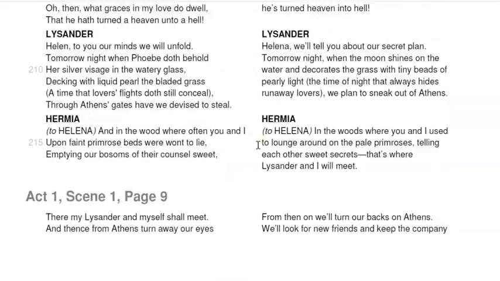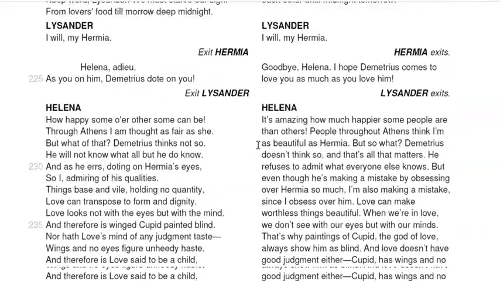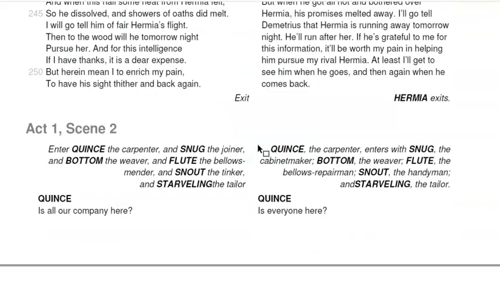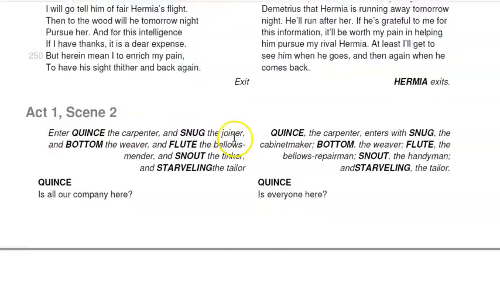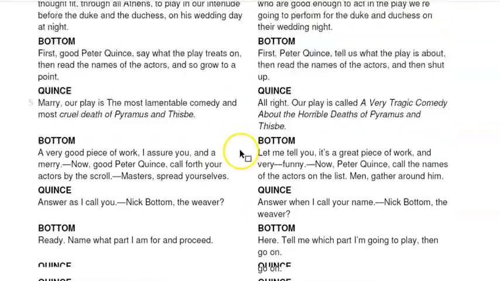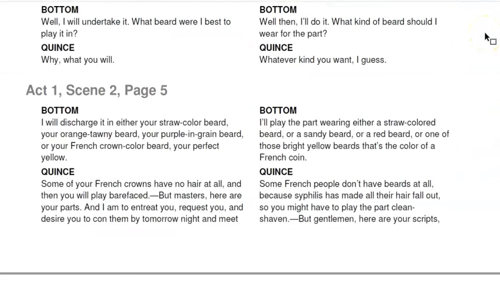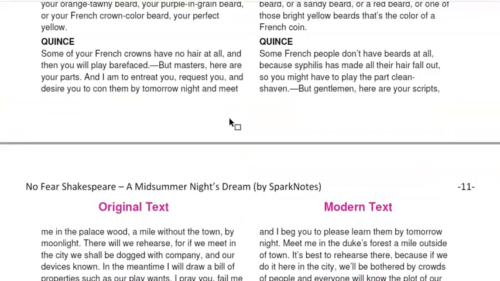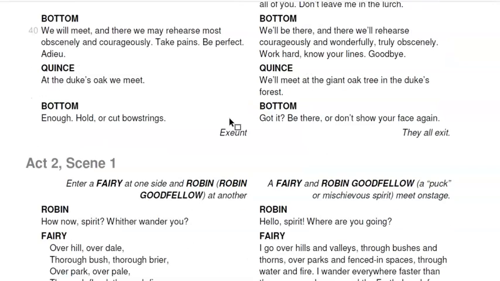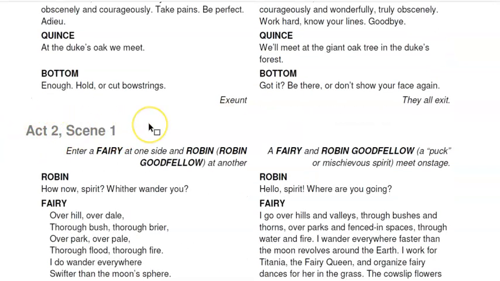And so on and so forth. Then you're going to continue and read Act 1, Scene 2. And you'll read all of this. Oh, so Act 1 isn't there. So you'll read all of Act 1, Scene 1, and Act 1, Scene 2, and then you'll stop when you get to Act 2, Scene 1.